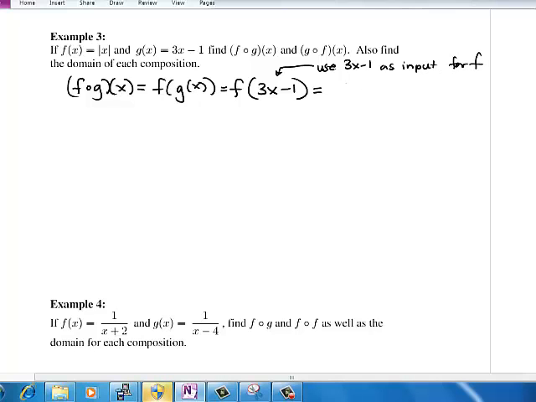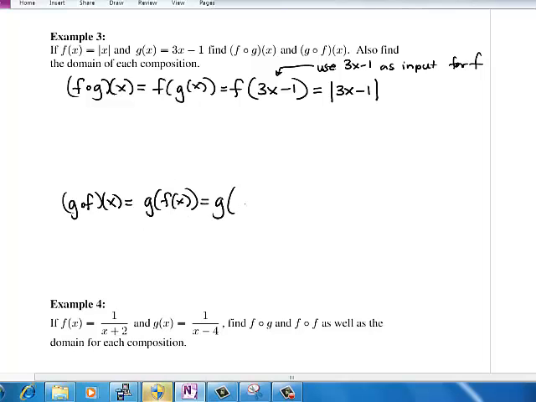So f says take the absolute value of whatever the input is. So in this case, the absolute value of 3x minus 1. And g composed with f: g on the outside, f on the inside. So f happens first, and then g happens second.